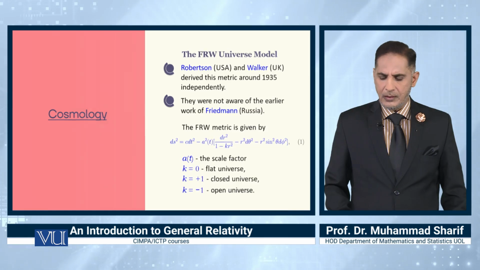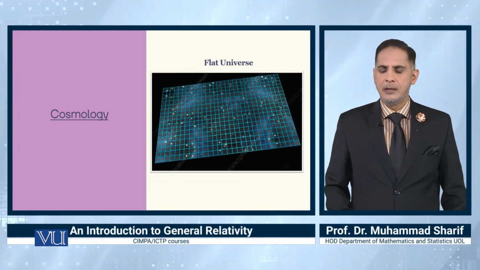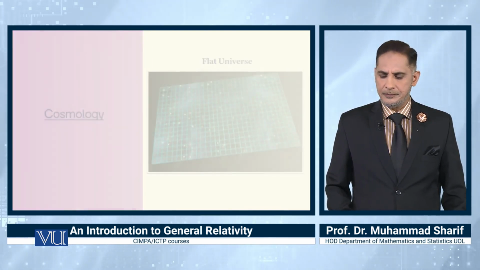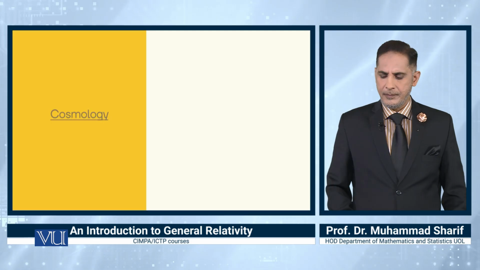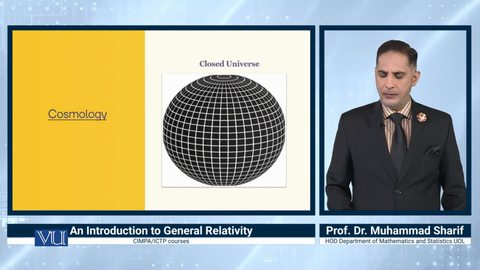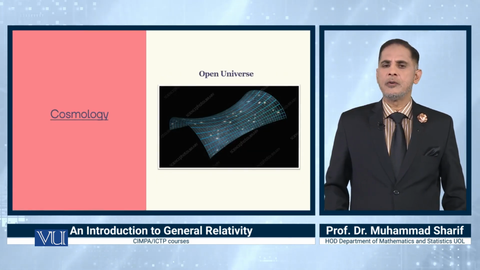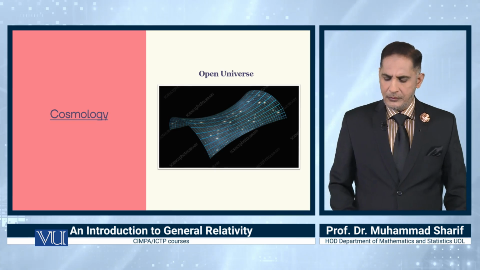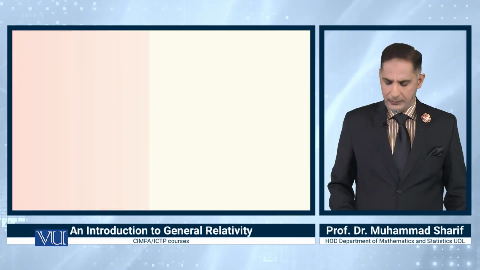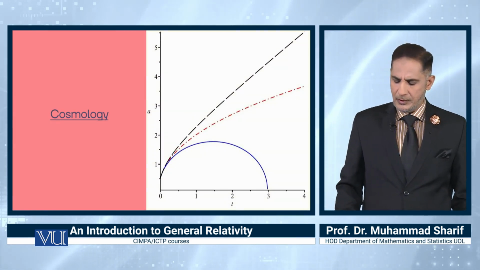universe model. You can have the diagrams of each of these three, and this is the flat version, and this is the closed universe model, and finally this is the open universe model. We can also show these three models by combining this picture.